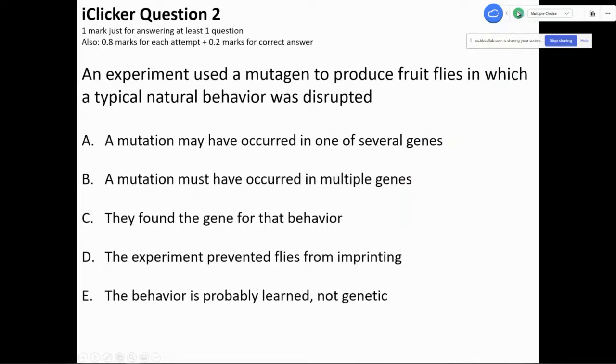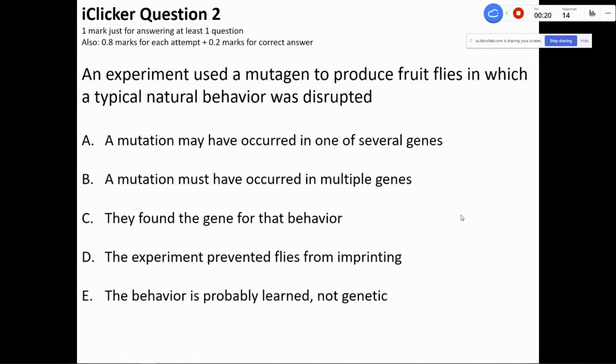Okay, so our next question here is: an experiment used a mutagen to produce fruit flies in which a typical behavior was disrupted. Which of these statements do you think is true? A mutation may have occurred in one of several genes to cause the disrupted behavior.